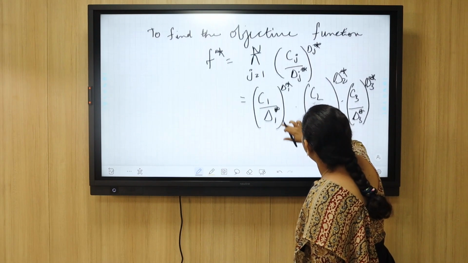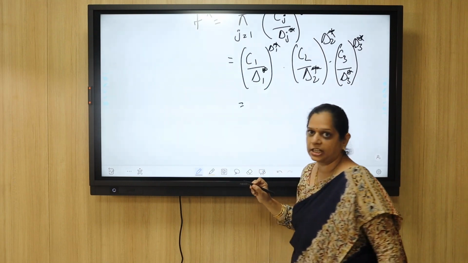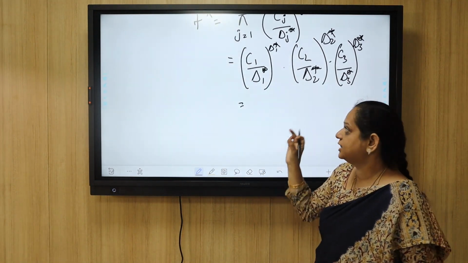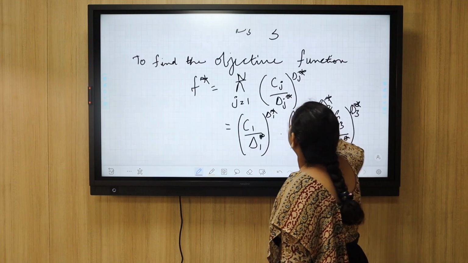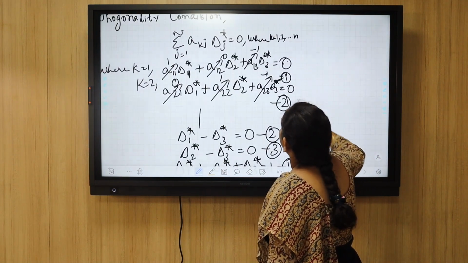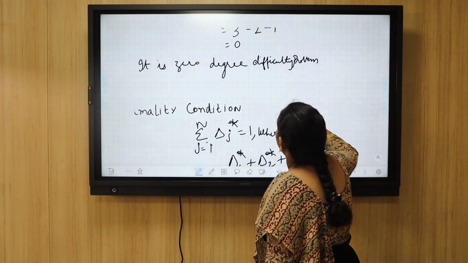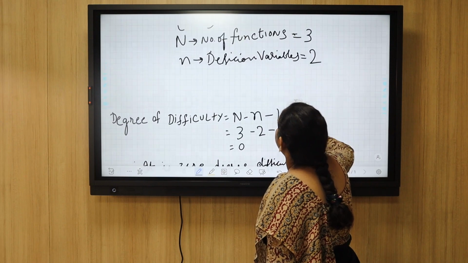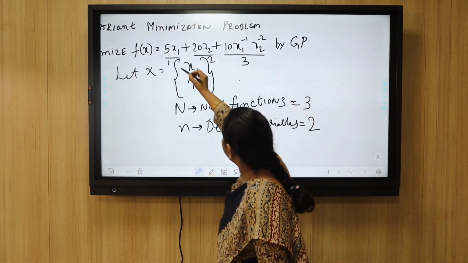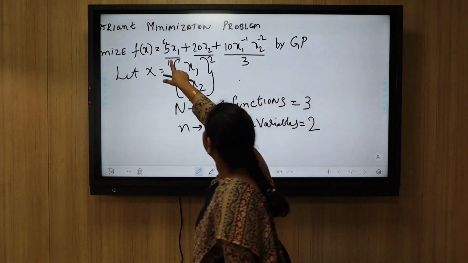So now solve this one. What is the C1 value? C1 is nothing but the coefficient in the problem. See, I'll show you the C1 value. This 5 will be your C1 value.